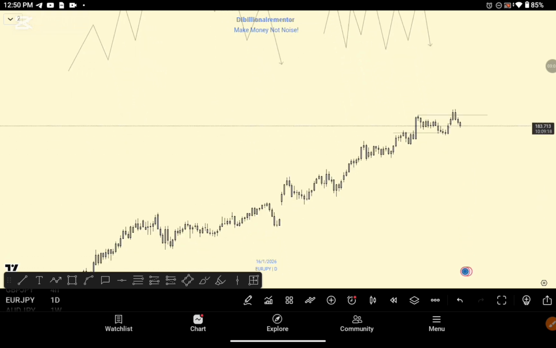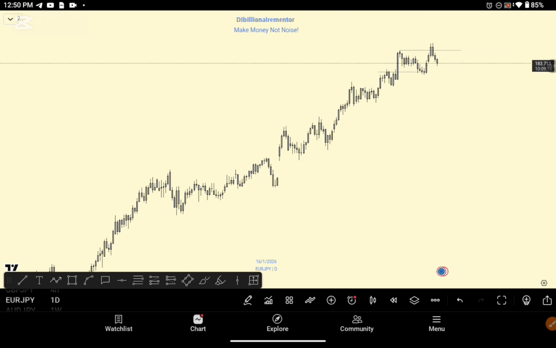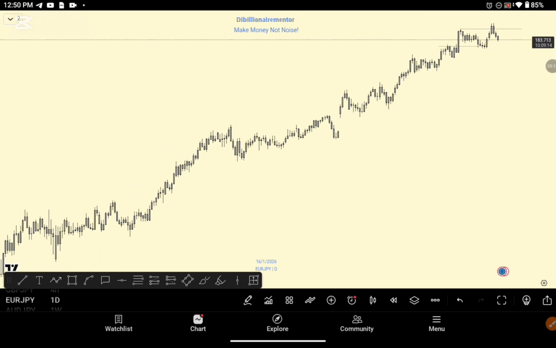Let me give an example before I proceed. Just like this, we can easily see that the market here is basically an uptrend. Even a CEO would tell you that yes, it's an uptrend. You can see this is our low.